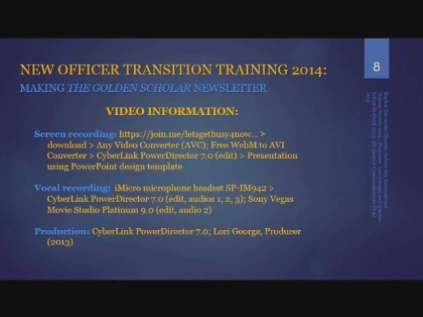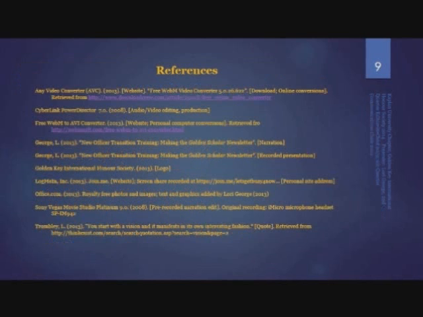It will ask me to give a description of my document. It will already say, like for this one, January 2014 Golden Scholar Newsletter. You can put a different description in there, enjoy, or this one is really interesting, or whatever you want to put in there, and then click OK.